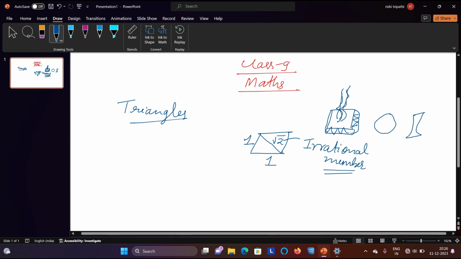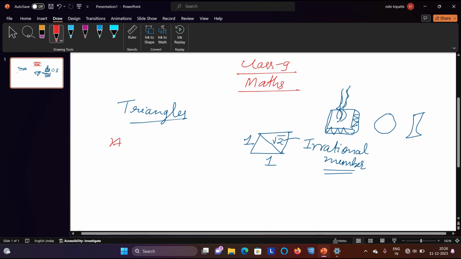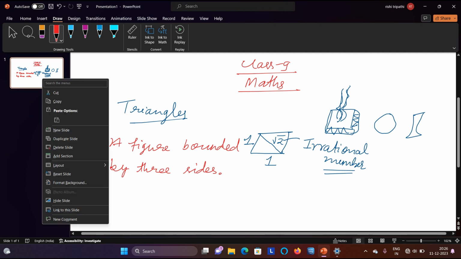So what is a triangle? A figure bounded by three sides is called a triangle.